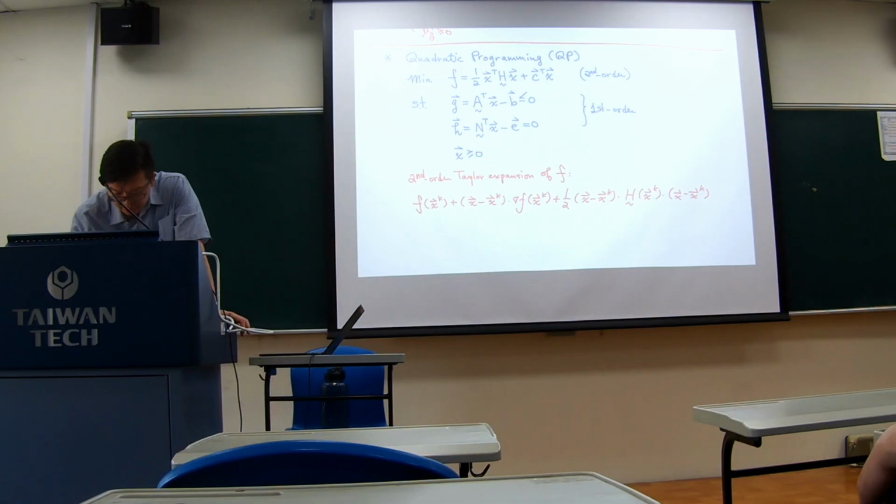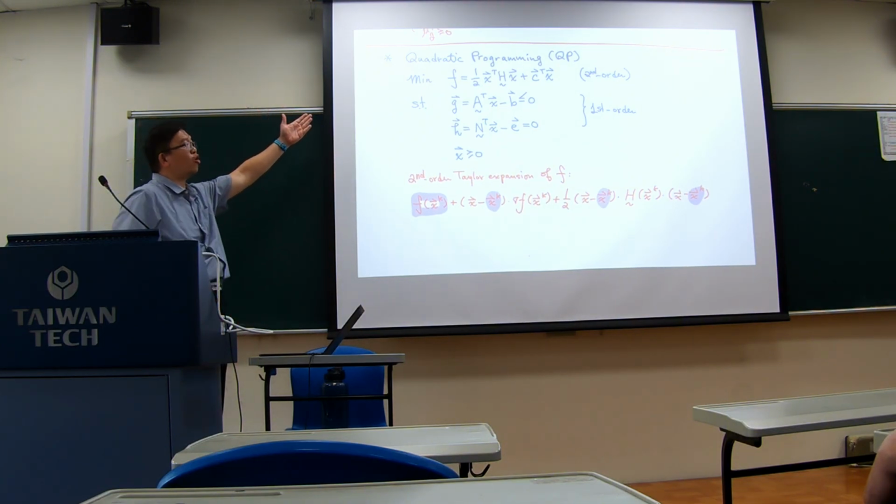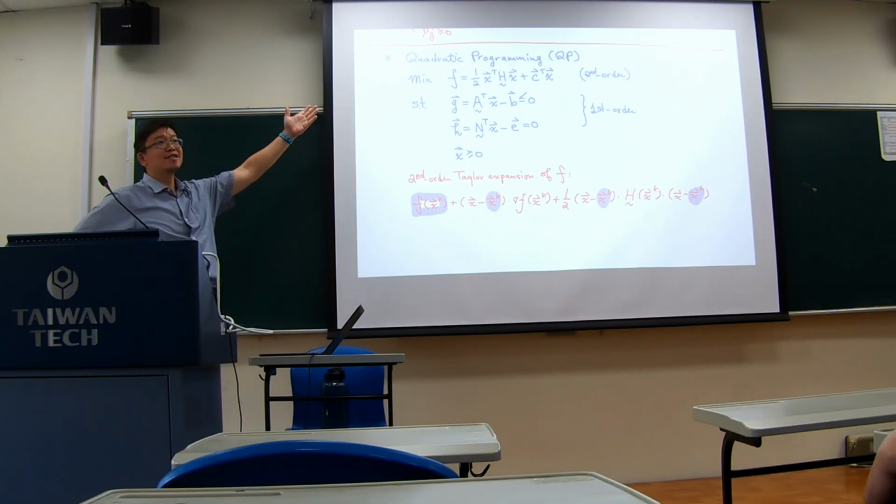So you will have a lot of constant terms. This term will be constant. In optimization, you don't care about the constant terms in your objective function because they are constant values.